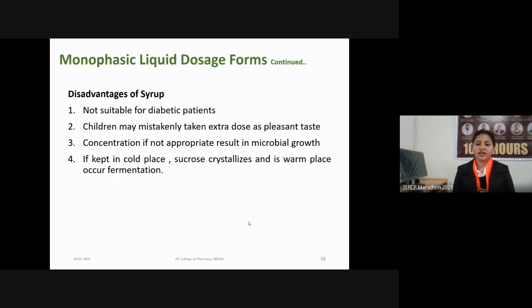It means we have to keep the syrup at an optimized temperature. We cannot store the syrup in cold temperature, and we also cannot store it at warm places. So we have to make sure that the temperature in which we are storing this syrup is optimal. These are the few disadvantages of the syrup.